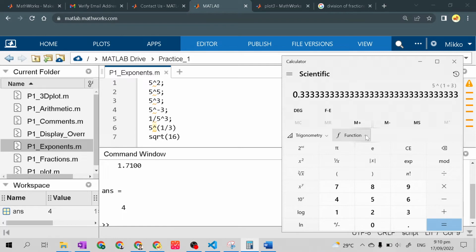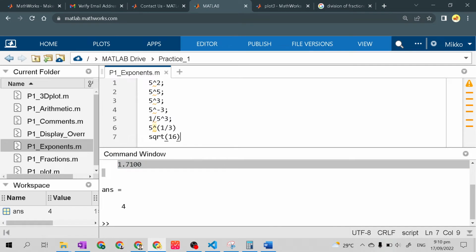At my monitor, I have my calculator beside me. The cube root of 5 is 1.71. So I don't know how to use this calculator, sorry, but based on my actual scientific calculator, this is right. This is just for square root. We don't have any choice.